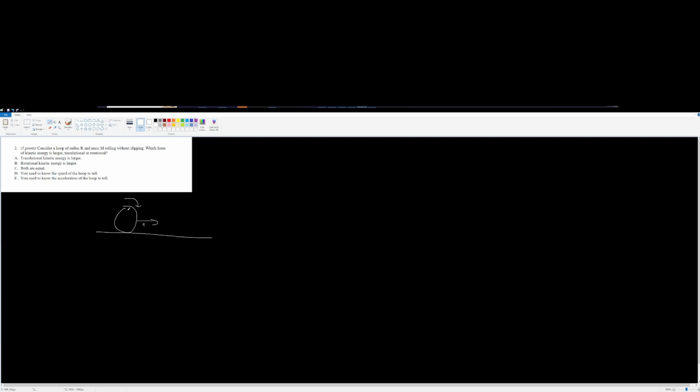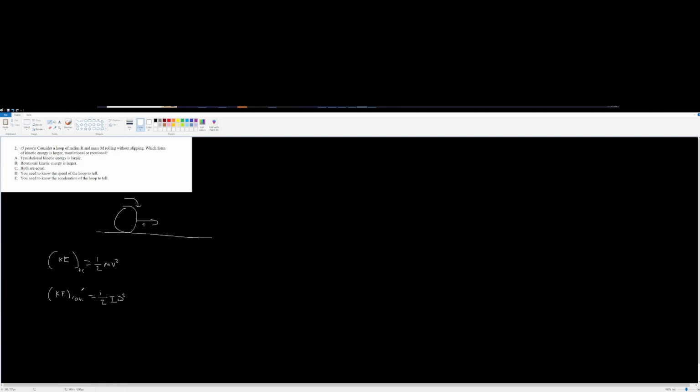So in this case, the translational kinetic energy we know equals 1/2 mv squared. And then the rotational kinetic energy is equal to 1/2 I omega squared.